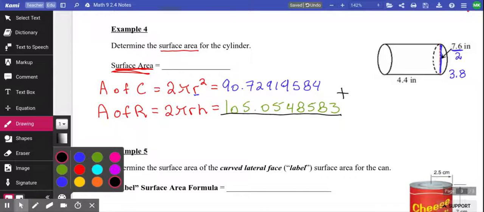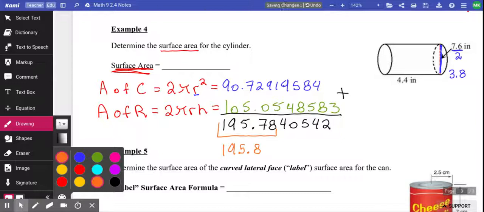So when you add all those numbers, you end up getting 195.78400542. And if you look, by carrying all those extra numbers, I ended up getting 195.8.